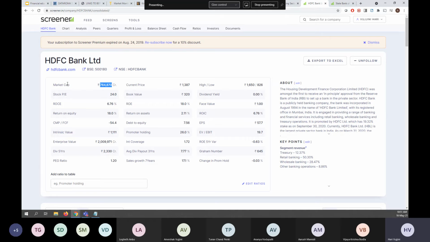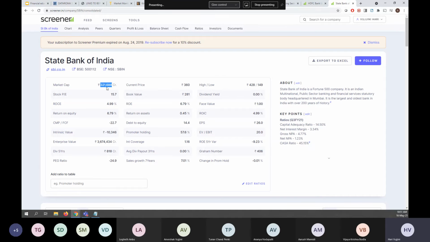That's the reason the market cap of HDFC is 7 lakhs 64,870 crores, whereas SBI is 3 lakhs 221,000. That's more than double the market cap. Does this make sense?